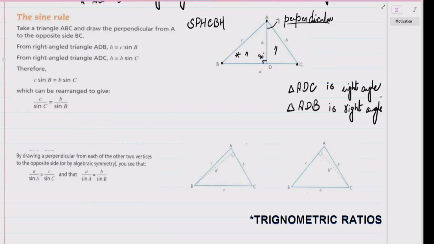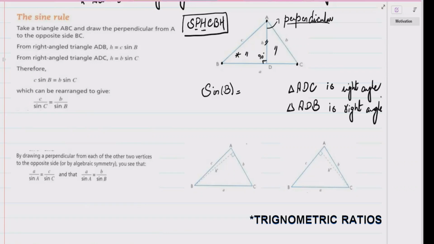We find the trigonometric ratios by this phrase. So we can use sine of the angle opposite to what we are finding. We are finding this h. So sine beta, sine theta equals perpendicular divided by hypotenuse.